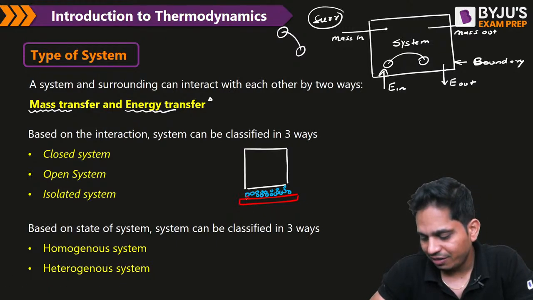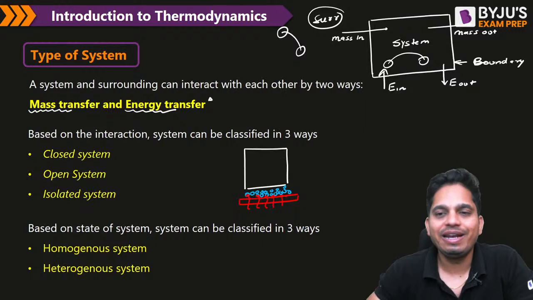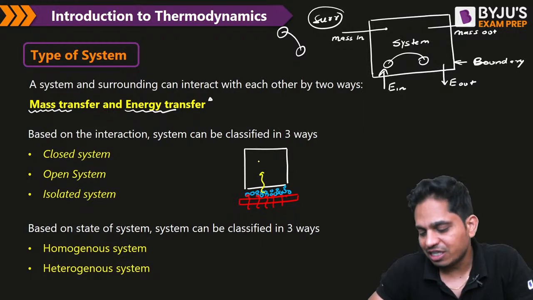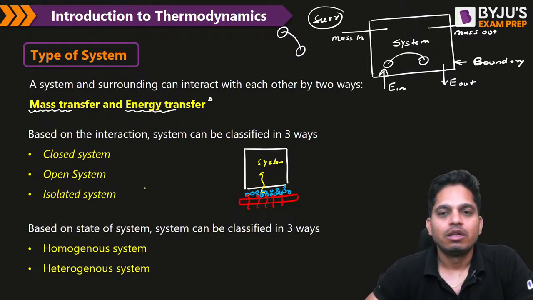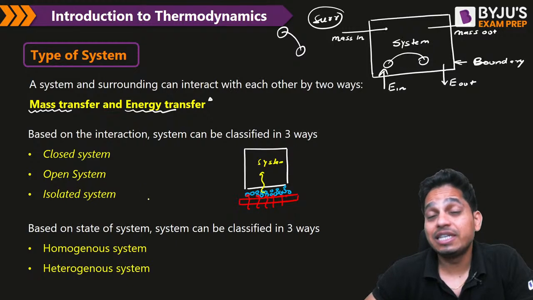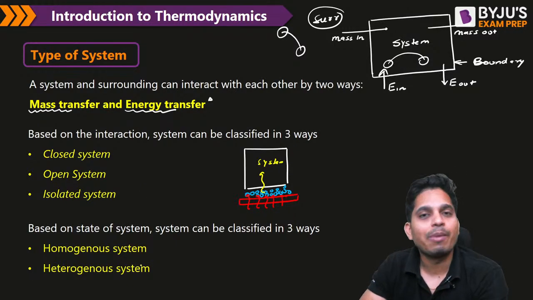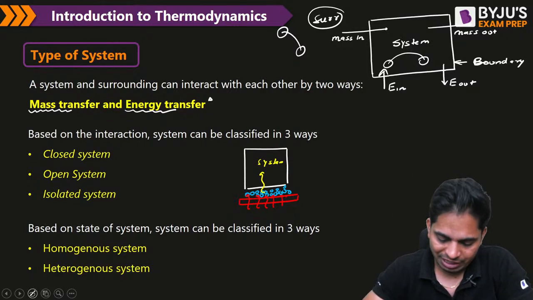I am giving some heat, some fire, and this coal starts burning. When this coal starts burning, heat will get released and that heat will enter the system. This is your system. This heat will enter the system. So you can very clearly see that heat is crossing the boundary, energy is crossing the boundary. That time only you can say energy transfer is happening or heat transfer is happening.